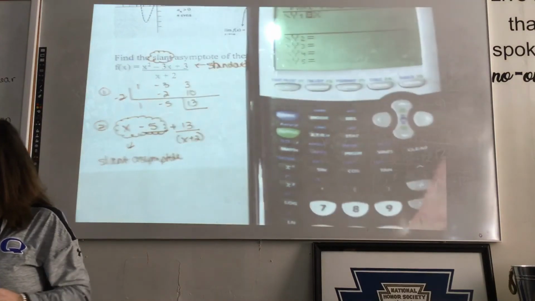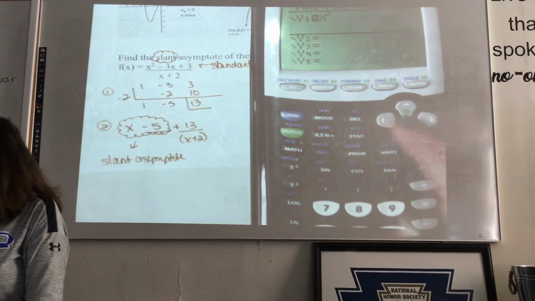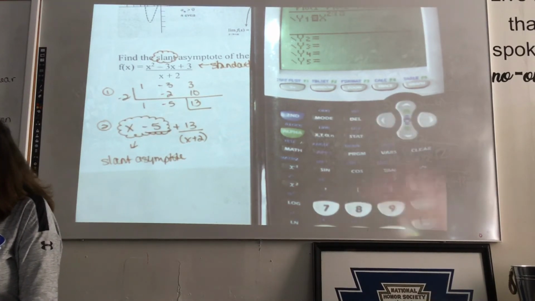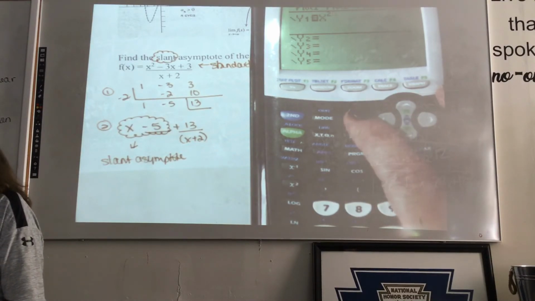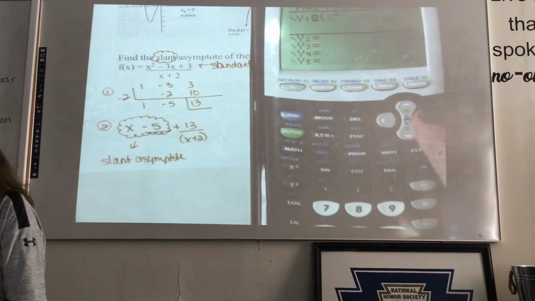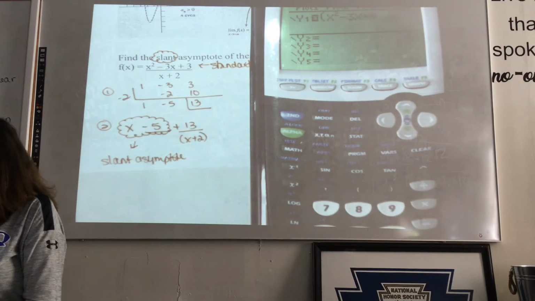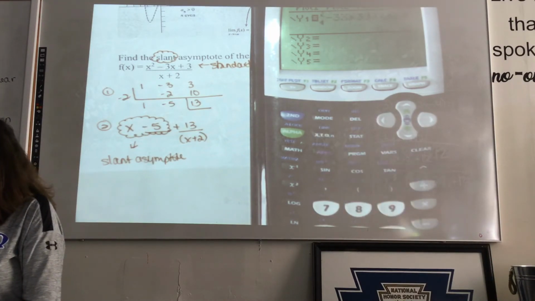So we're going to type in x squared, and make sure that in front, bless you, you include your parentheses appropriately, unlike the teacher right now. Okay, so x squared minus 3x plus 3 divided by parenthesis x plus 2.